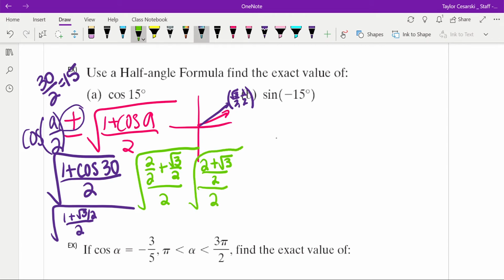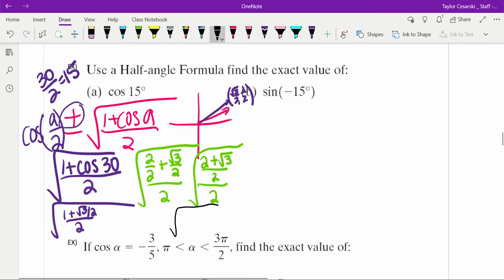And so then our final answer becomes, if I'm dividing by 2 and then dividing by 2 again, that just turns into divided by 4. So it's still not going to look very pretty, but your final answer is just going to be the square root of 2 plus square root of 3, divided by 4.